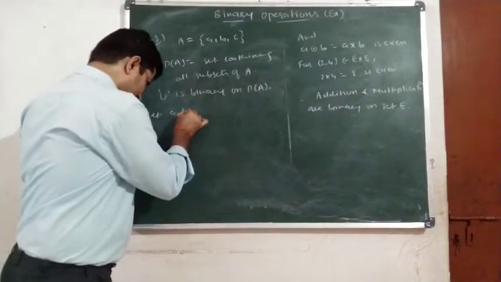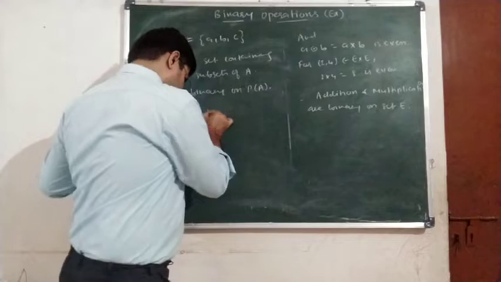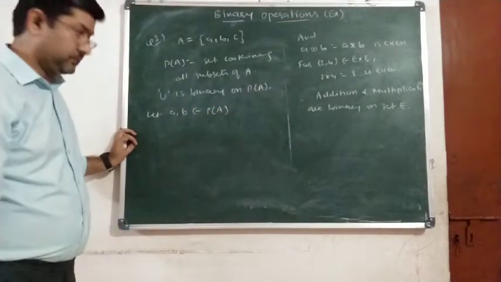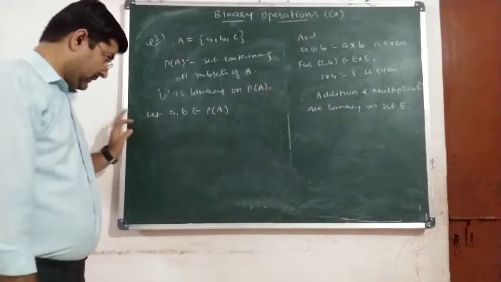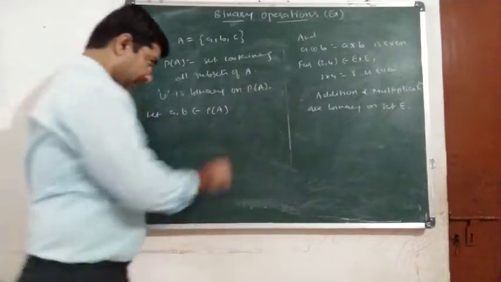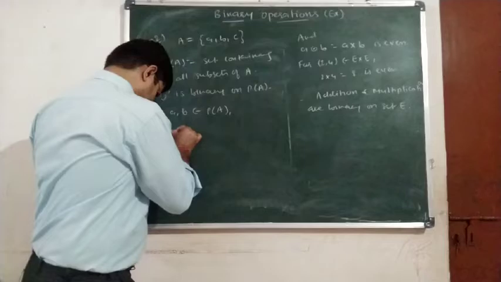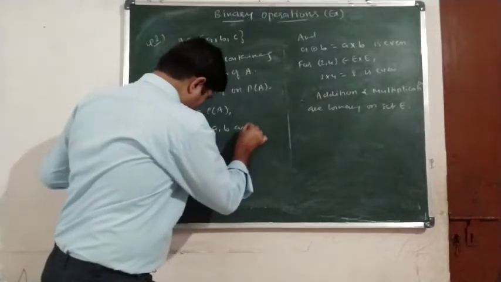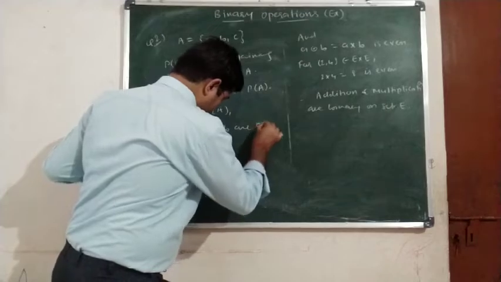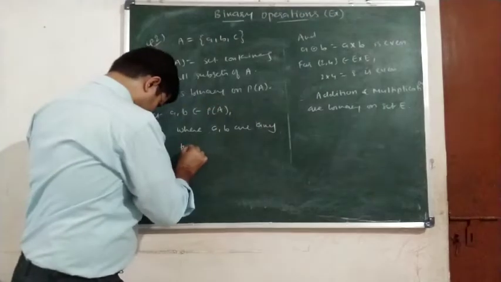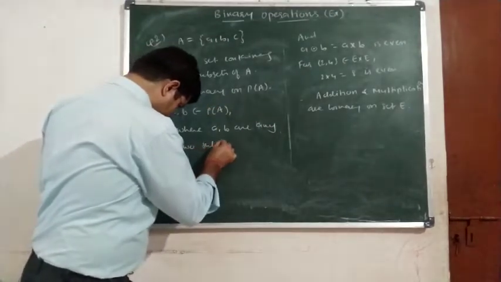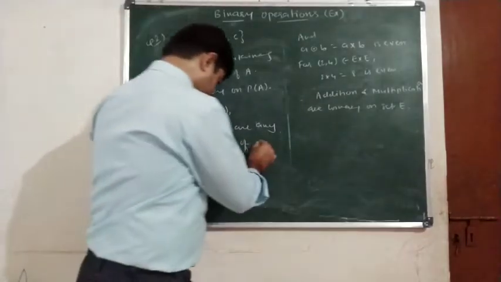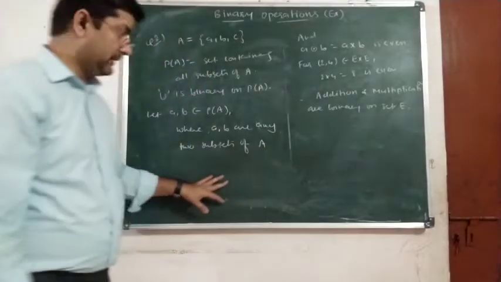Let A and B belong to P of A, where A and B are any two subsets of set A. Clear?